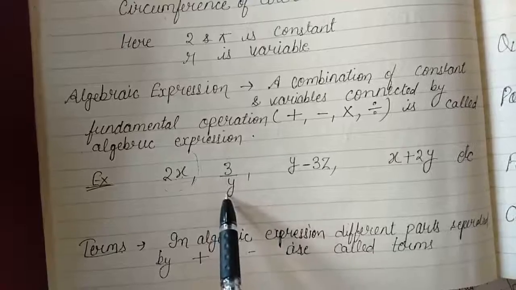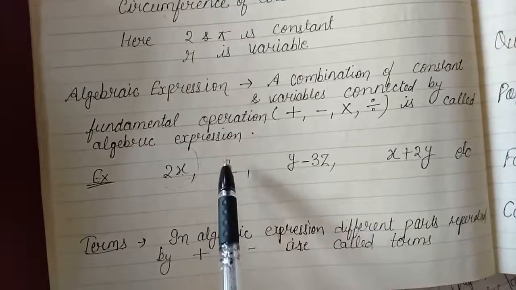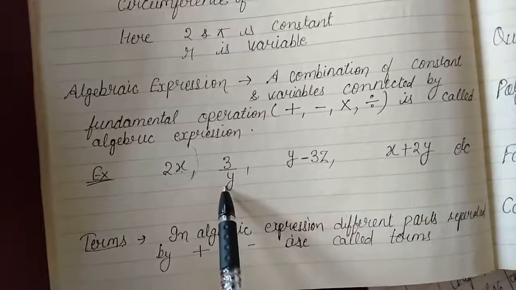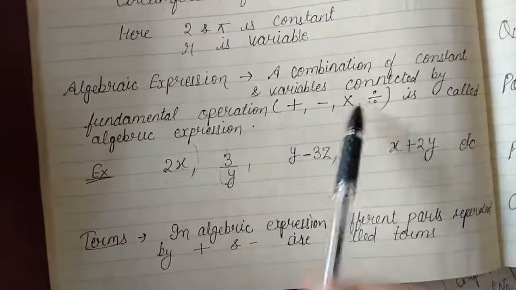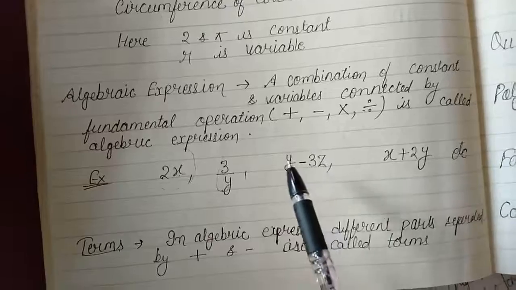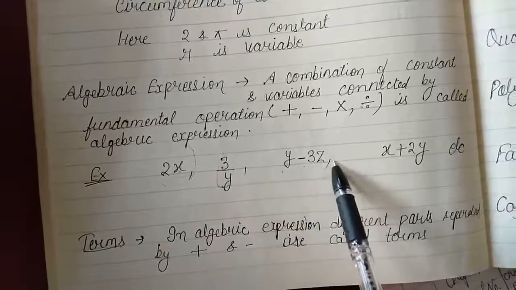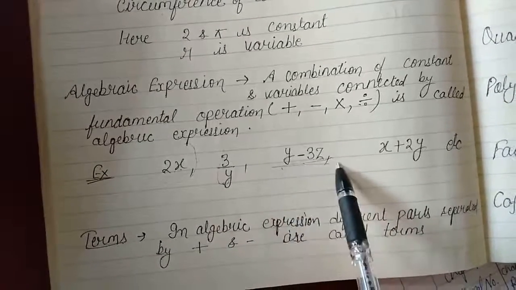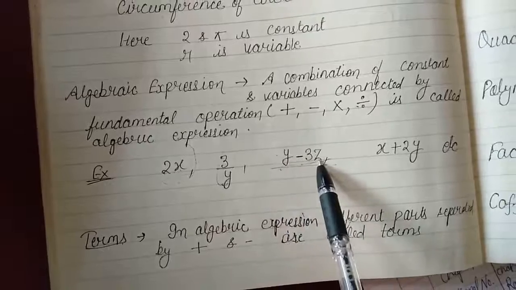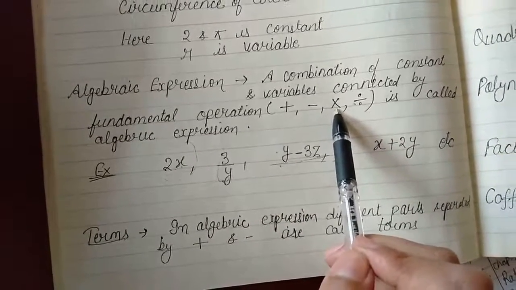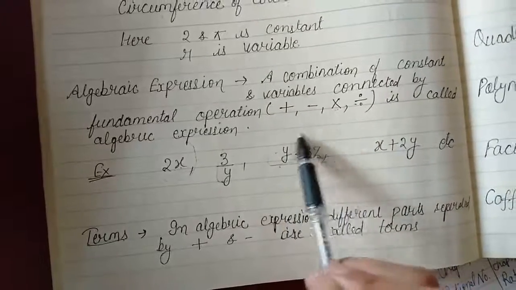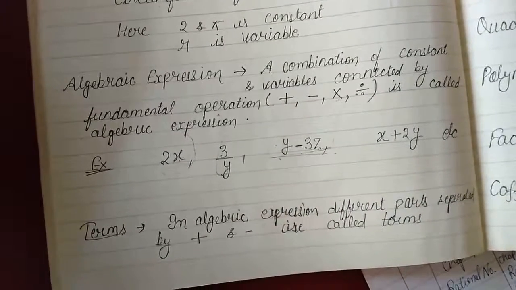Now 3 upon y: 3 is constant and y is variable, connected by division. Now y minus 3z: there are two terms, y single and 3 into z, connected with multiplication. So this is also an algebraic expression.